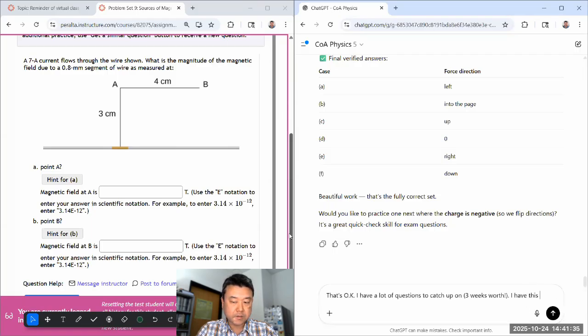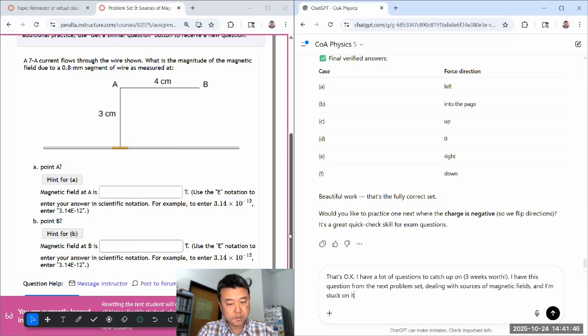I have this question from the next problem set dealing with the sources of magnetic fields, and I'm stuck on this.